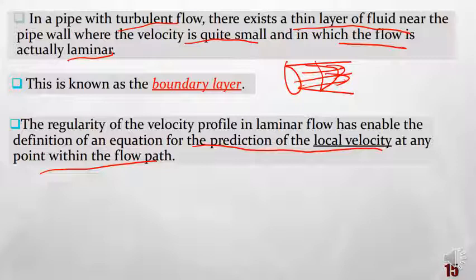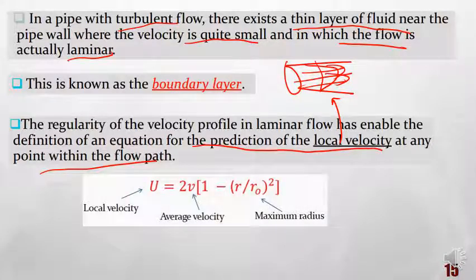If you want to determine the local velocity of the flow at any point, you can use this equation: u equals 2v times 1 minus the ratio between the radius r and the maximum radius R, to the power of 2. So you can get directly the local velocity at any point.